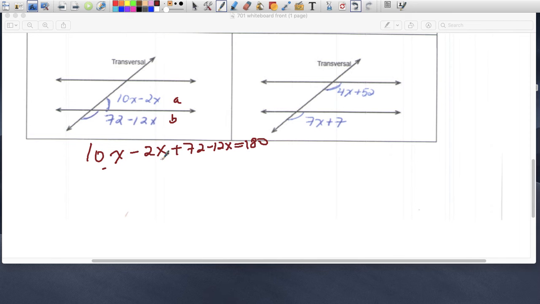Let's see, 8x, it's going to be a negative number, so I think that has to be 24. I'm going to put 24 over here. Let's see if that works. 10x and negative 12x is negative 2x. 24 and 72 is positive 96 equals 180.